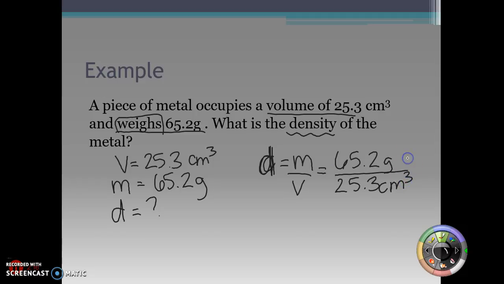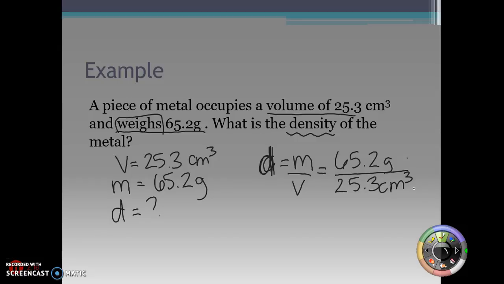Notice that these two units do not cancel out, so they're both going to be in our final answer. 65.2 divided by 25.3. Now you get this really long decimal in your number.